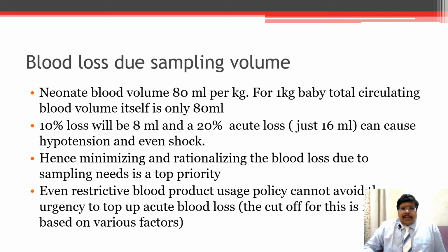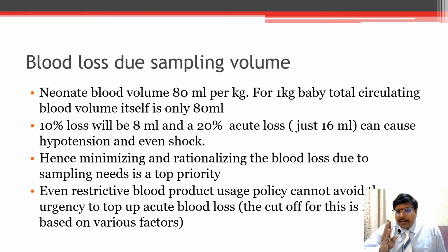Why is blood loss due to sampling volume an important consideration? Because adults carry 5 liters of blood, and cardiac output is 5 liters. A neonate has a blood volume of 80 ml per kilo. For a 1 kilo baby, the total circulating blood volume itself is 80 ml. Assume you need to do all the blood tests required for an adult ICU in this baby.